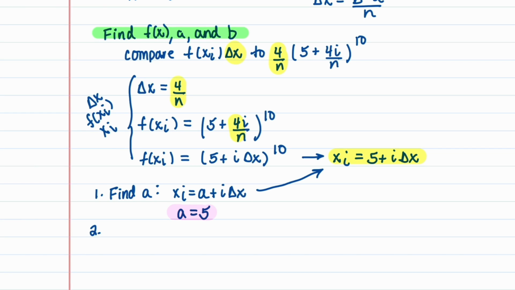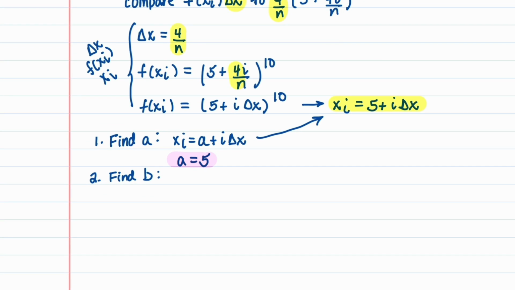Now let's find b. To find b, we have to use the formula for delta x. Delta x is equal to b minus a, all divided by n. And we know from right up here that delta x is equal to 4 over n.